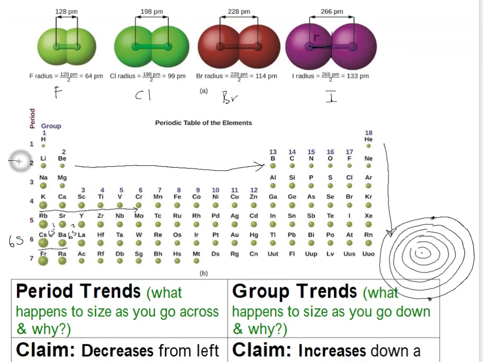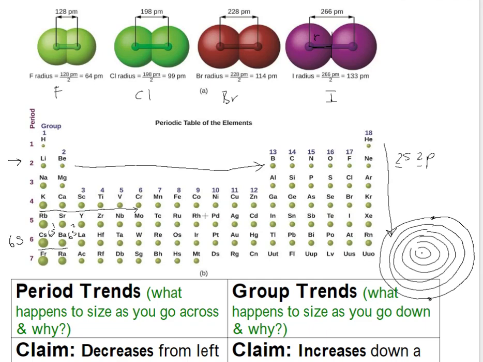For period 2, we're adding to the 2s and then the 2p energy level, and this is the second energy level. It's going to be the same distance from the nucleus. So we're not adding any energy levels. We're adding electrons to the same energy level 2. But what's increasing greatly is the nuclear charge, how many protons are in the nucleus.